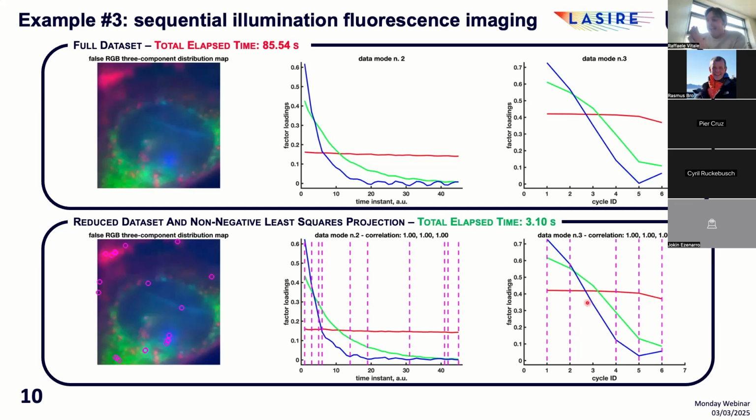Please notice that in this case, the number of factor profiles was set to 3 based on preliminary knowledge available on the number of components expected to be observed in the captured scene.